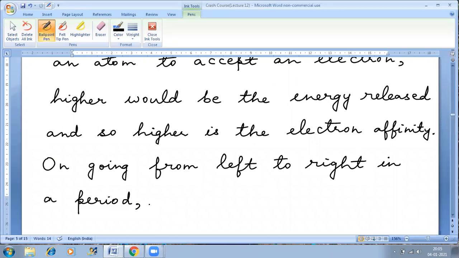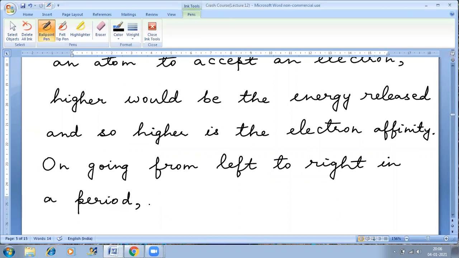If a metal is able to lose electrons easily, its electron affinity is not high, because it is not happy after accepting an electron. Rather, it wants to lose electrons because it's a metal. But a non-metal will be happy if it accepts an electron, so its electron affinity is going to be high.